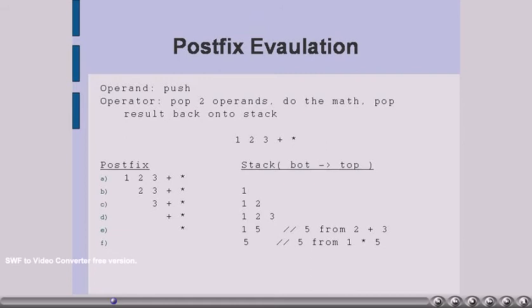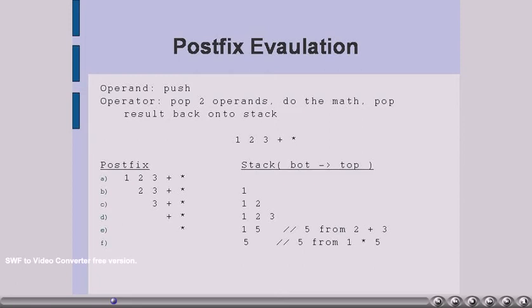Between these two, we apply the current operator, and then the result is pushed into the stack. Like this, we traverse the postfix expression till the end is encountered. After that, whatever is left in the stack is the value of the expression.